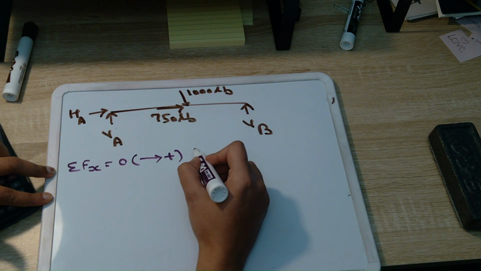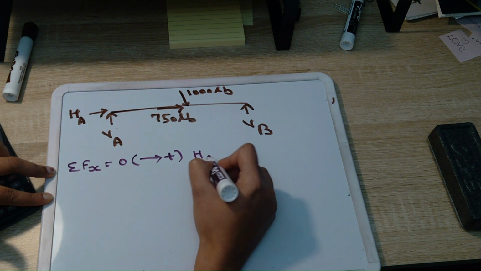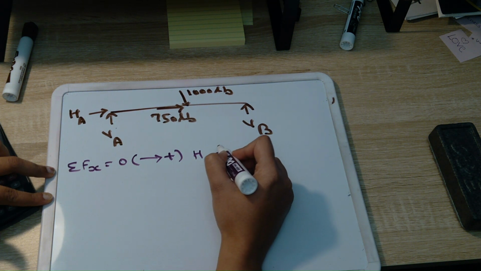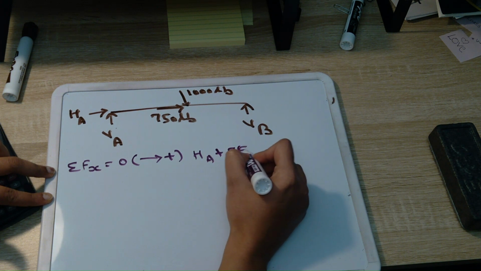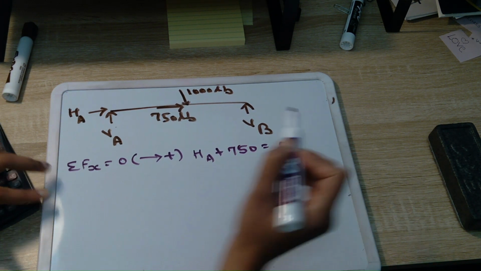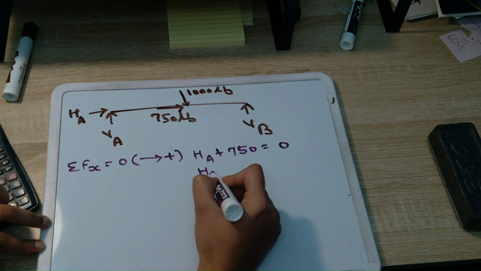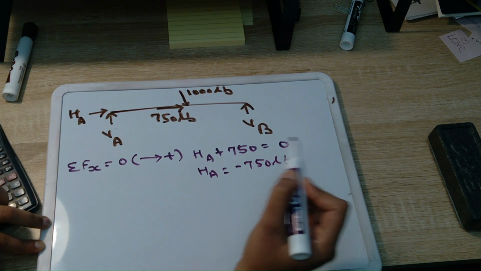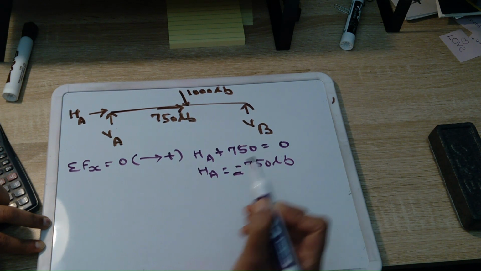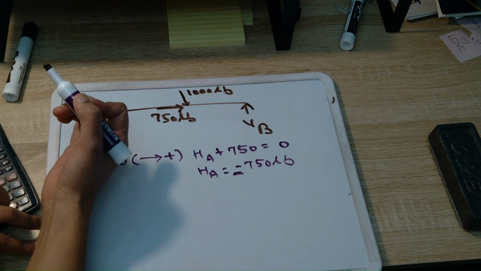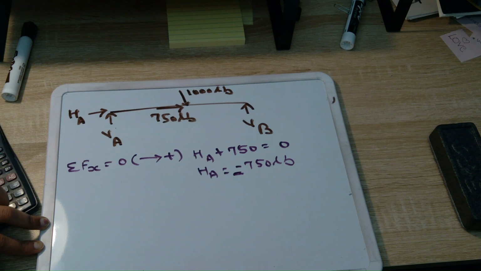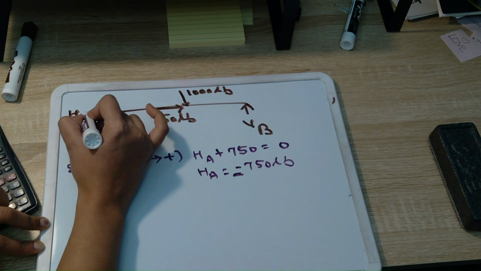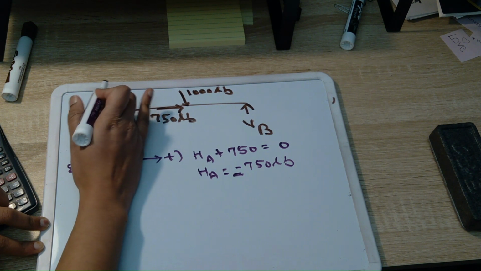So it will be HA plus 750 is equal to 0. It will give us HA is equal to minus 750 lb. Now this negative sign indicates that the assumed direction of the force is wrong, so it will be in the opposite direction.